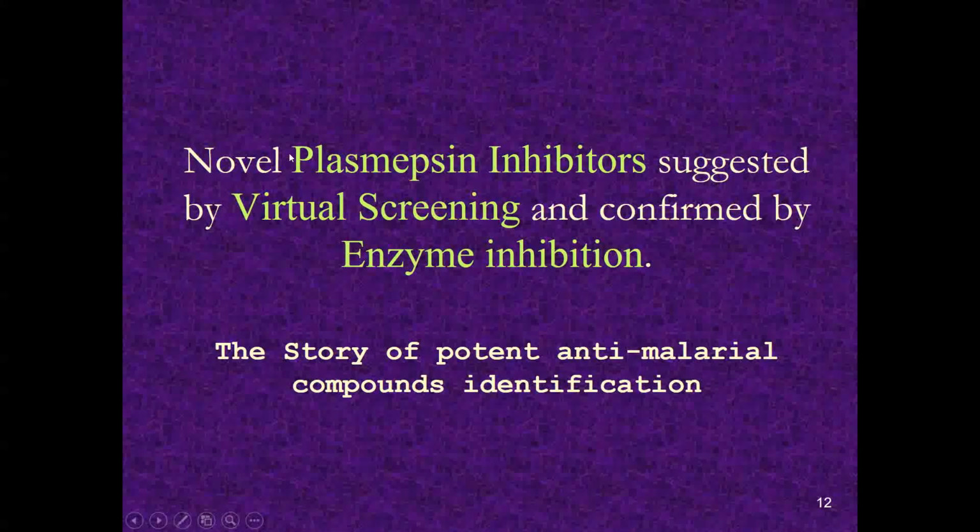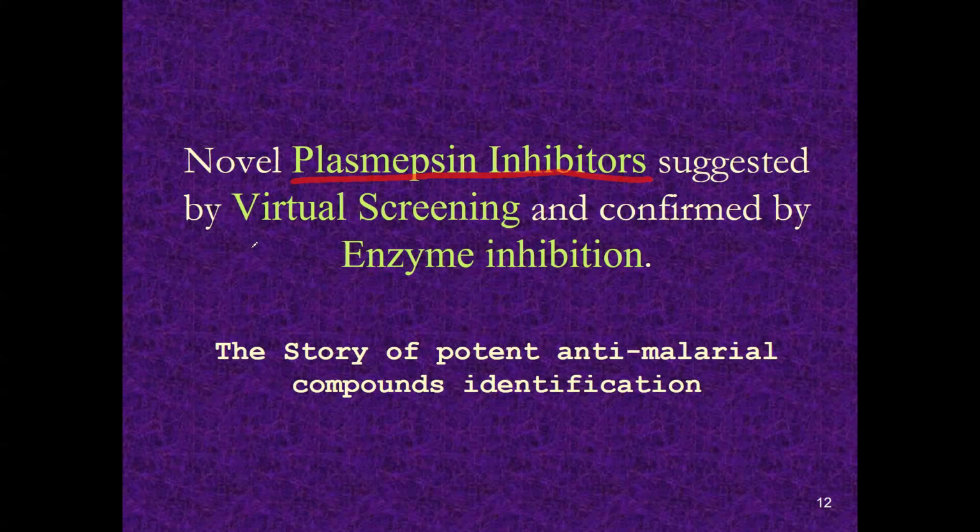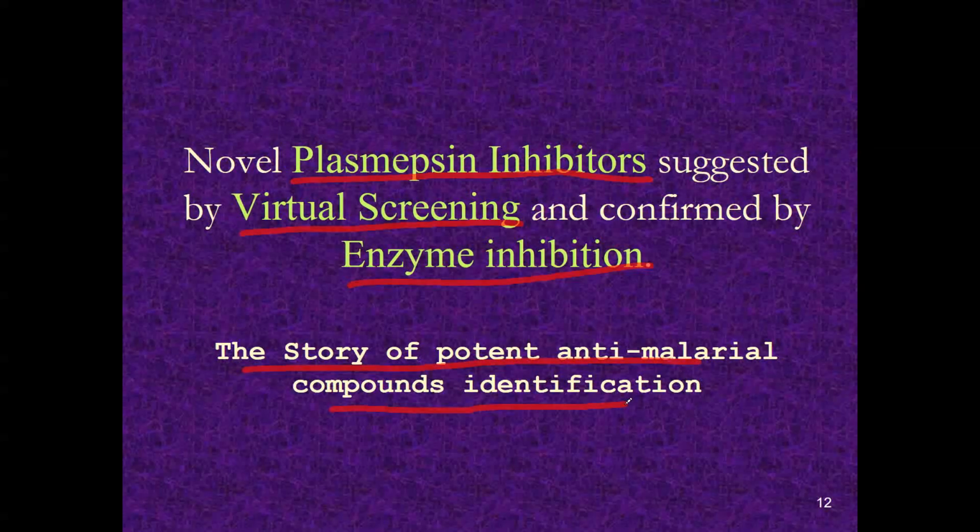This was identification of plasmepsin inhibitors, which was predicted by virtual screening or molecular docking, and after that confirmed by enzyme inhibition in the biochemistry lab for functional analysis. So this is a story of potent anti-malaria compound identification using molecular docking and other structure-based drug design techniques.